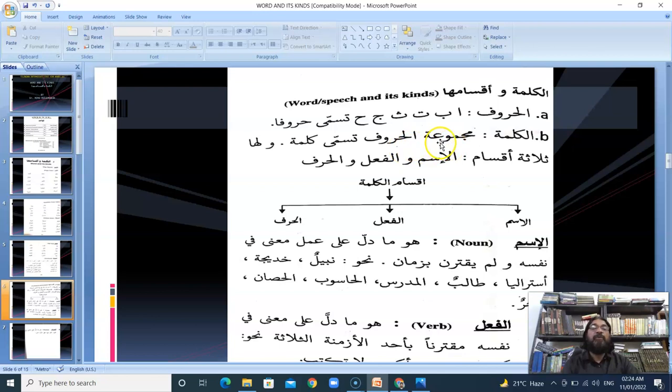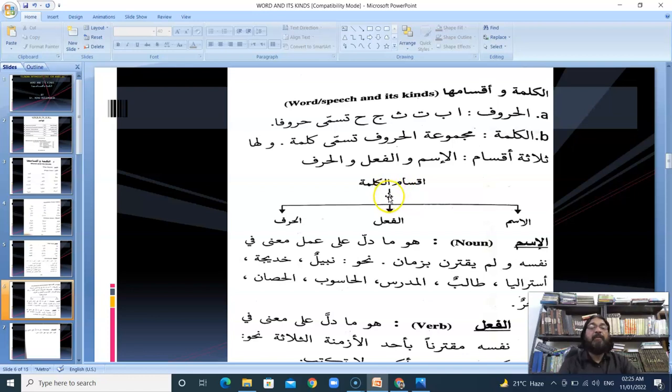So majmu'atul huruf, group of letters, tusamma, is called kalima, word. Walaha thalathatu aqsamin, and it has three kinds. Al-ismu, the noun. Wal-fi'lu, and the verb. Wal-harfu, and the particle.